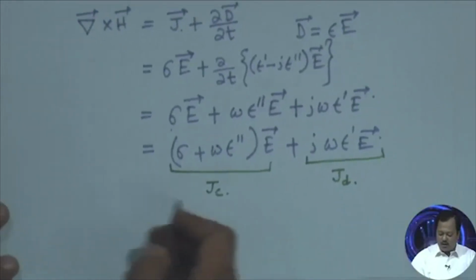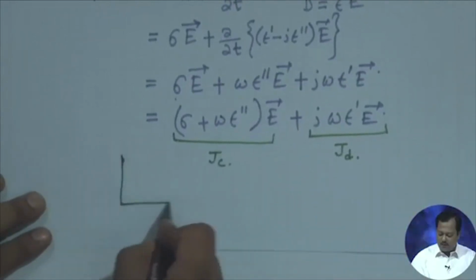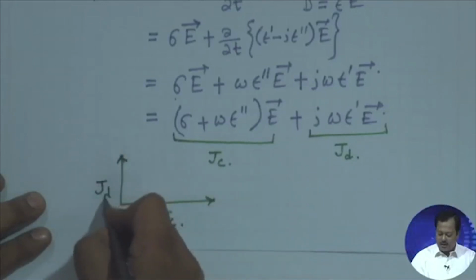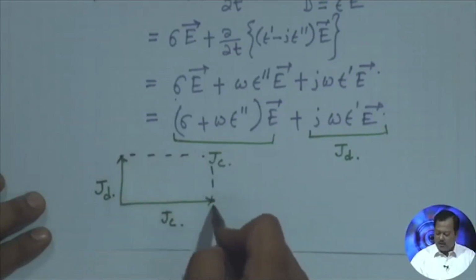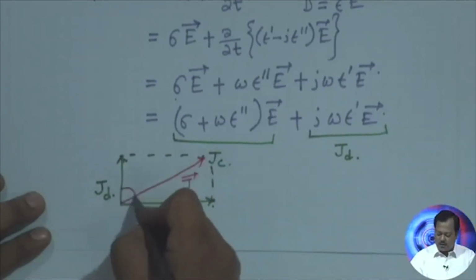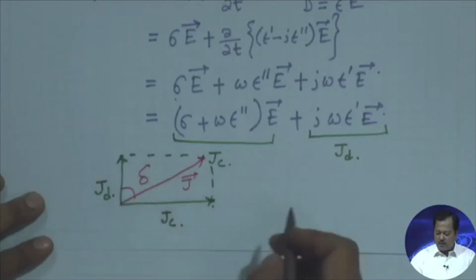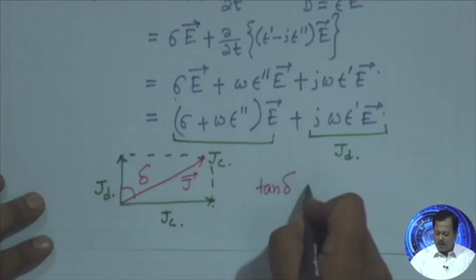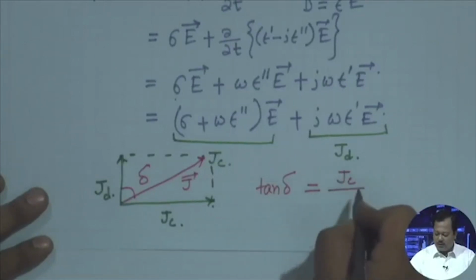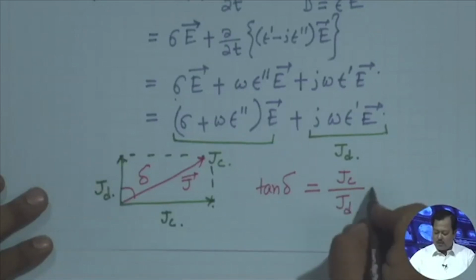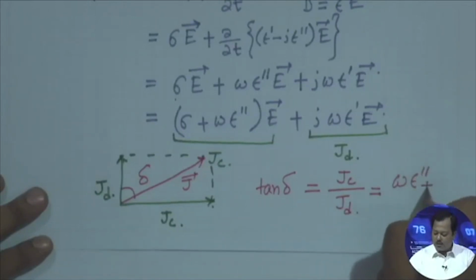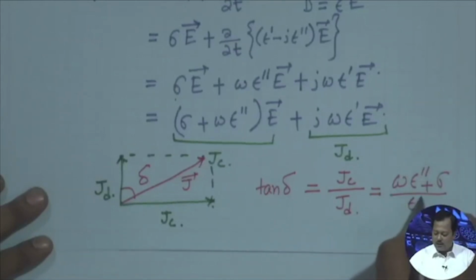Now, if we represent it using a vector diagram, J C is along the real axis and J D is along the imaginary axis. The overall current component J makes an angle with the displacement current component, and the tangent of this angle can be given by J C by J D. If I put in the values, it comes to sigma plus omega epsilon double dashed, divided by omega epsilon dashed.